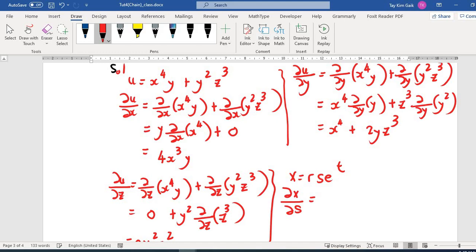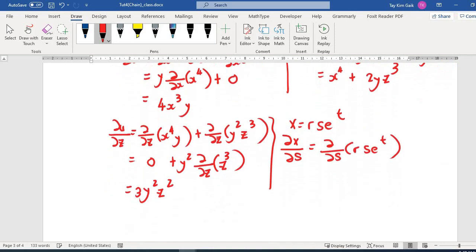Because we just want ∂u/∂s, x here is differentiated with respect to s, where r and t are constant. Then you take ∂/∂s of r s^t. Factor out r^t, and ∂s/∂s is 1. That's why I have r^t.